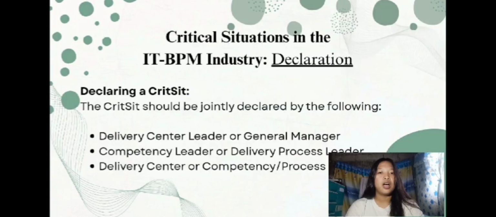In short, declaring a CRITSIT requires a consensus among key leaders responsible for delivery, process, and quality. This ensures that the decision is well informed and that all relevant perspectives are considered.